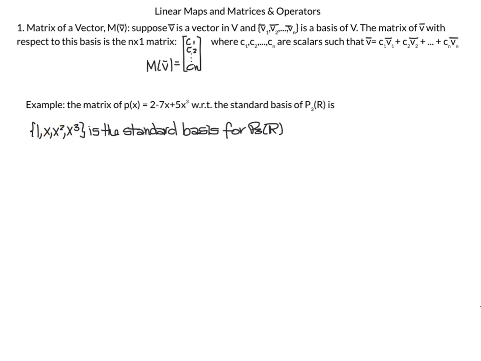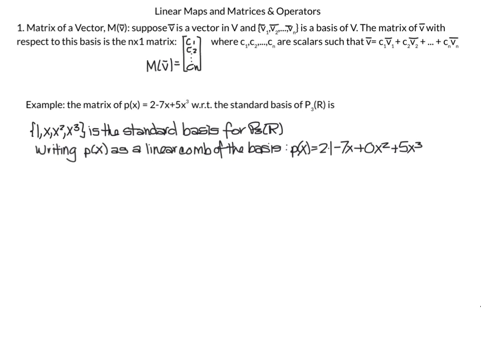And then we can write our polynomial, p of x, as a linear combination of our basis vectors. That's going to be 2 times our first basis vector, which is 1, minus 7 times our second basis vector, which is x, plus 0 times our third basis vector, which is x squared, plus 5 times our last basis vector, which is x cubed.